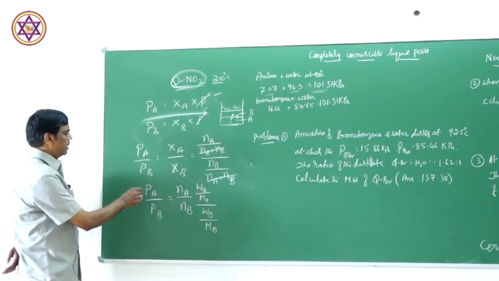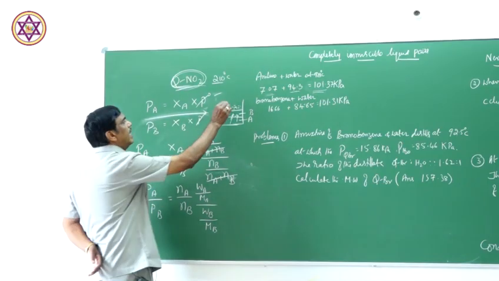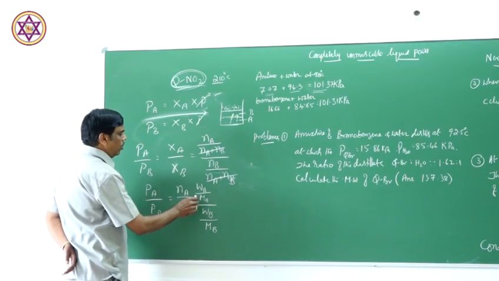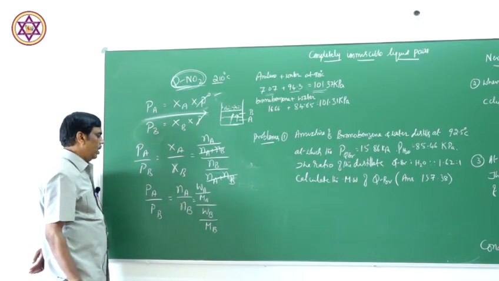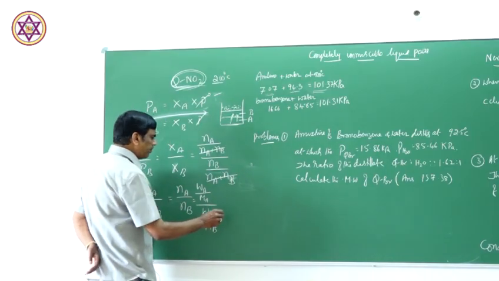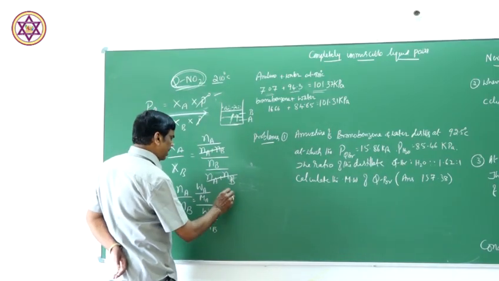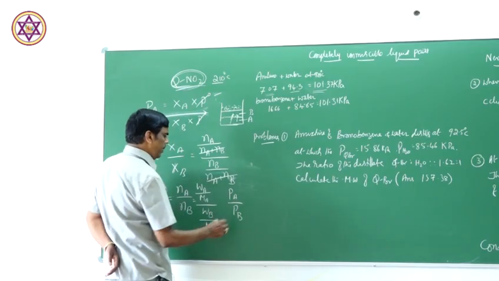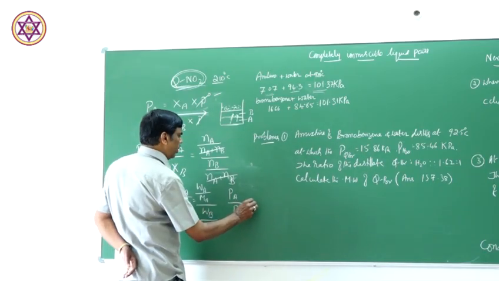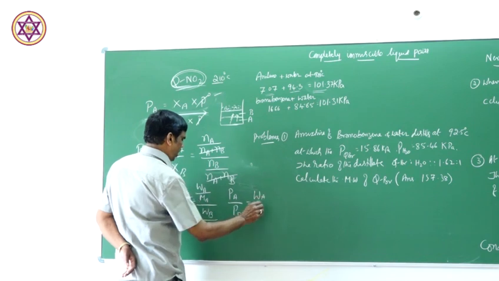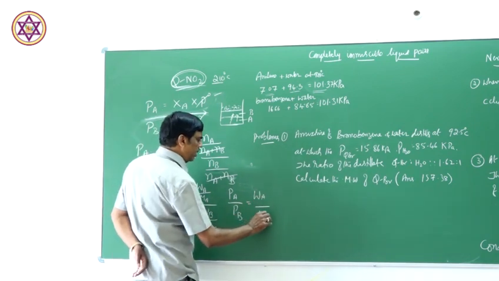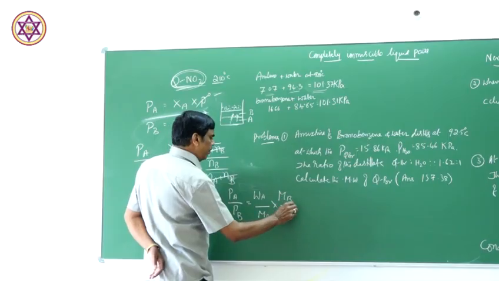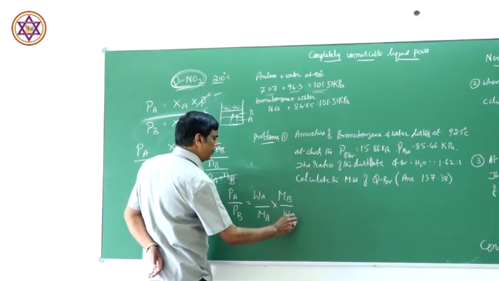Okay. Partial pressure of A divided by partial pressure of B in the vapor state is equal to Na by Nb or Wa by Ma divided by Wb by Mb. So, this can be rearranged as Pa by Pb is equal to Wa by Ma into Mb by Wb.